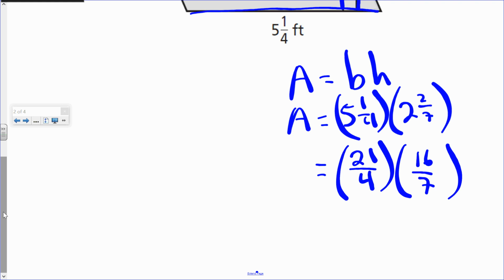In this case, what goes into 4 and 16? 4. 4 goes into 4 once. 4 goes into 16 4 times. 7 goes into 7 once, and 7 goes into 21 3 times. So now the fraction is actually turned into 3 over 1 times 4 over 1.